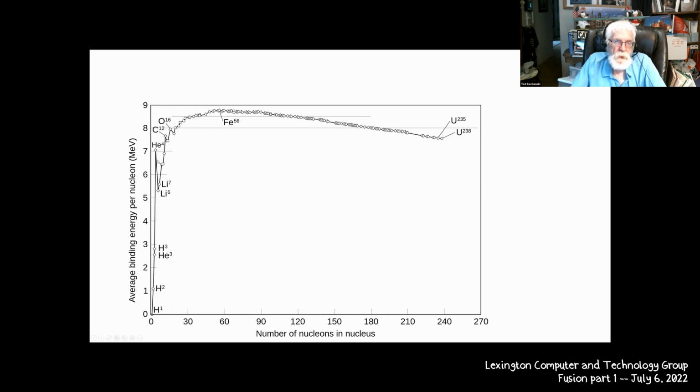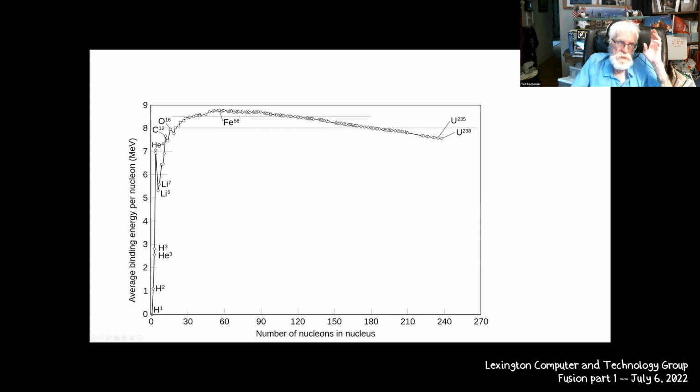You go further up here and you reach this point where there's a little peak. This little peak is the alpha particle, or the helium-4 nucleus. It has the same number of protons as this helium does, but there are 2 neutrons. And it is fairly tightly bound.